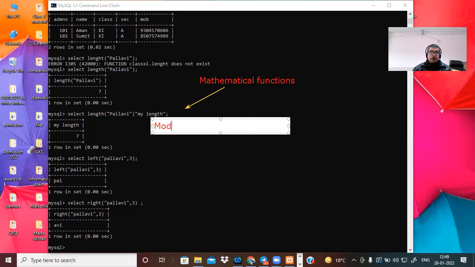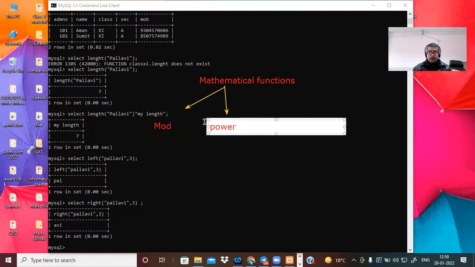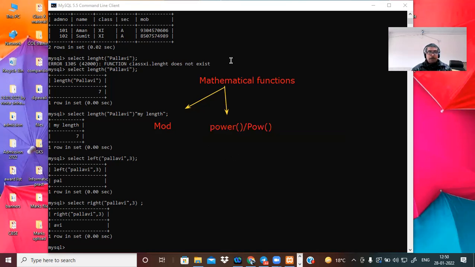It is read as the modulus operator. Second, after mod, we will learn about power. It is also called POW. Power, or POW.